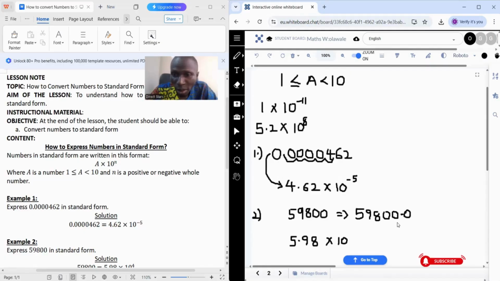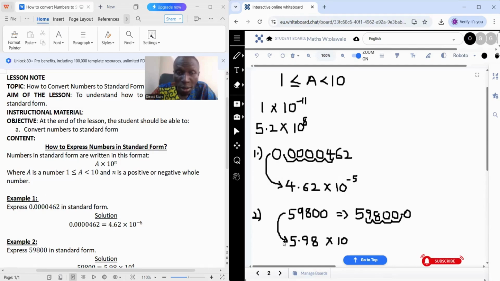Looking at it, we have 1, 2, 3, 4. So the decimal point is moved 4 places to have it be 5.98. But is it going to be positive 4 or negative 4? We're going to compare the original number, which is 59,800, to the first number, which is 5.98.